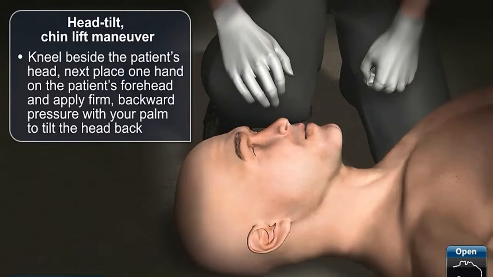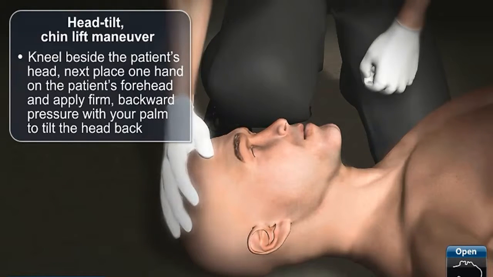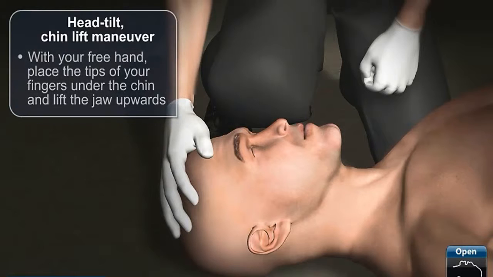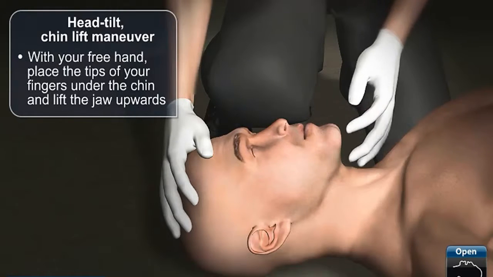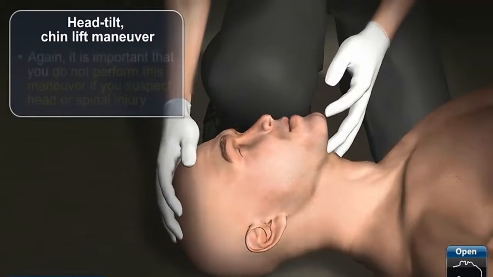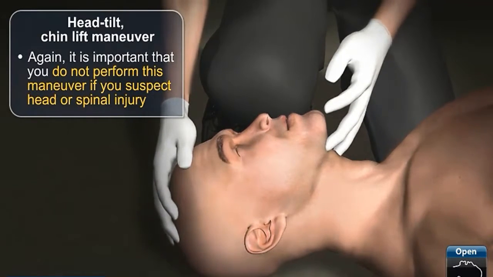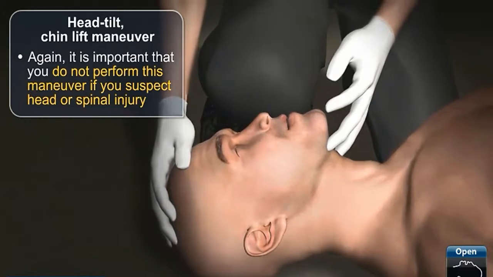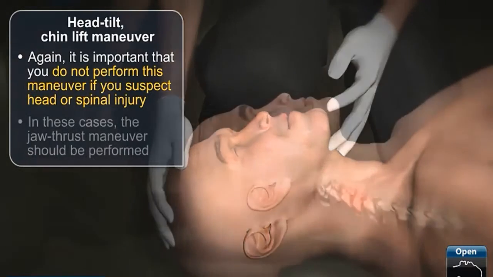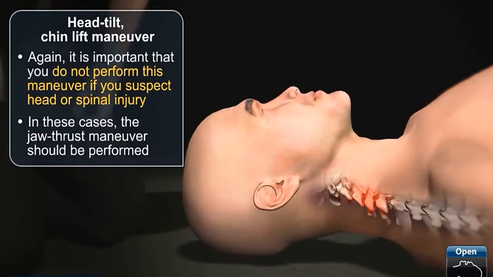Next, place one hand on the patient's forehead and apply firm backward pressure with your palm to tilt the head back. With your free hand, place the tips of your fingers under the chin and lift the jaw upward. Again, it is important that you do not perform this maneuver if you suspect head or spinal injury. In these cases, the jaw thrust maneuver should be performed.